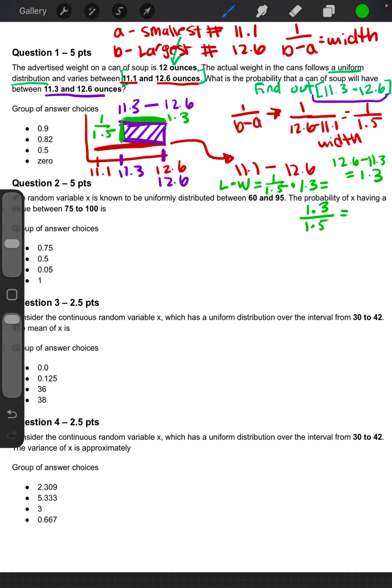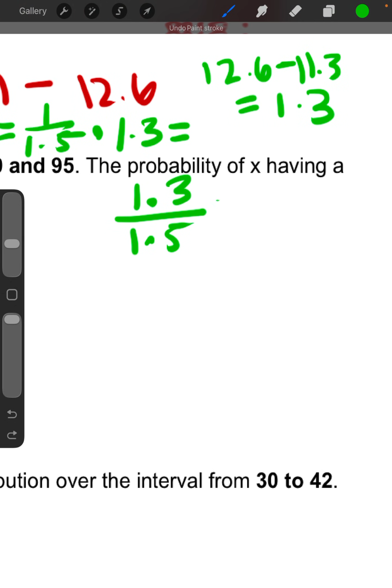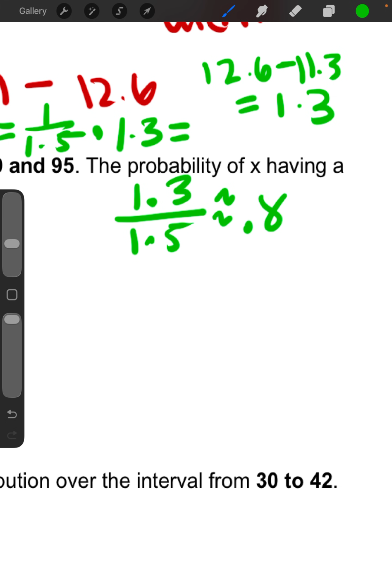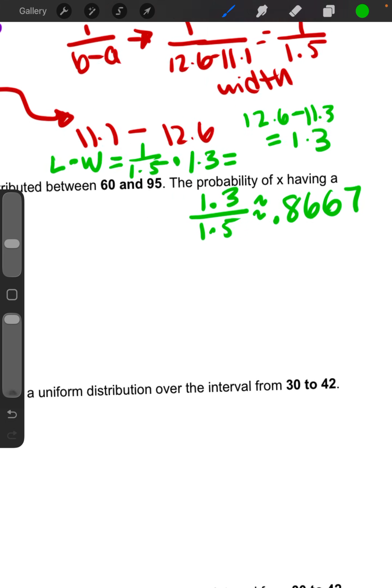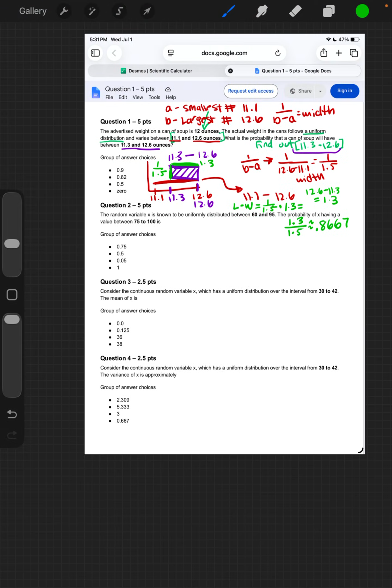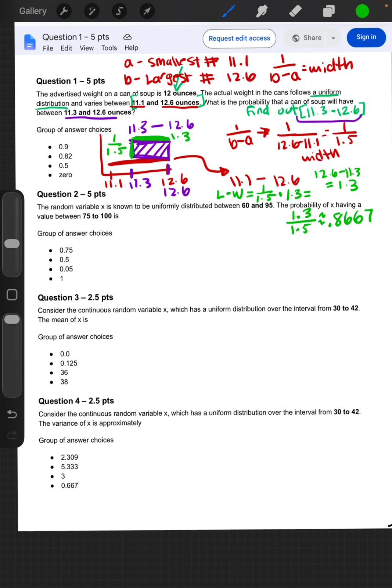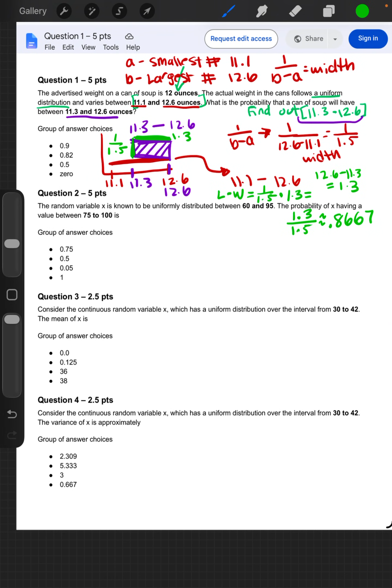That should be around 0.8667. So for my answer choice, I would pick this one only because it's probably going to be rounded.